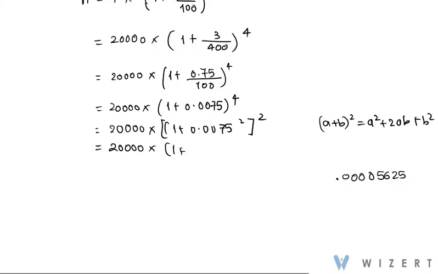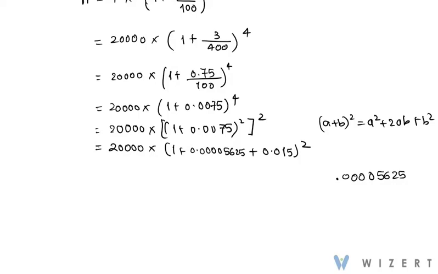So the decimal point will be after 8 digits from the right side. So the square of 0.0075 is 0.00005625 and twice of this is 0.015. Now this whole square.